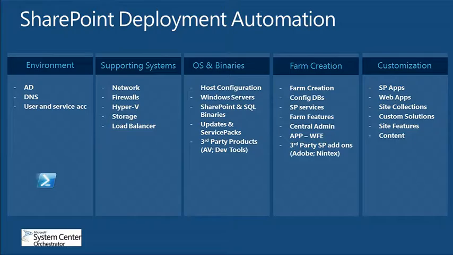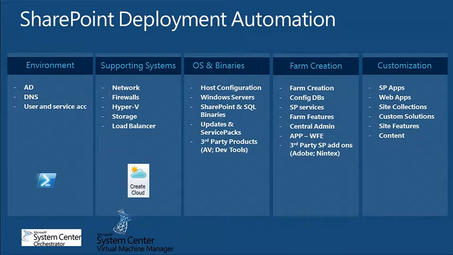For the supporting systems, when I was looking into Virtual Machine Manager 2012, I looked at the network, the firewall, Hyper-V storage, all these things, and I thought, well, Microsoft brought out this new thing called the private cloud, and that's exactly what a private cloud is. The private cloud will deal with your network, with your firewalls, with the Hyper-V configuration, with the storage, and with the load balancer. So we can automate this part of the deployment process by creating a cloud or private cloud in System Center Virtual Machine Manager.